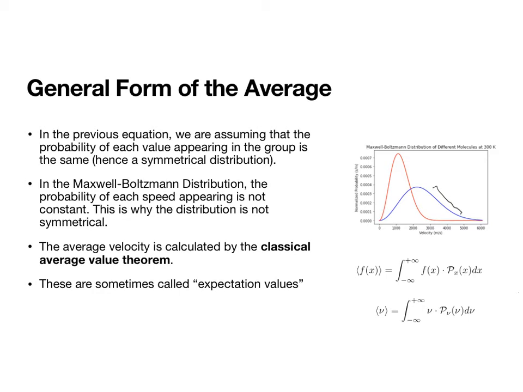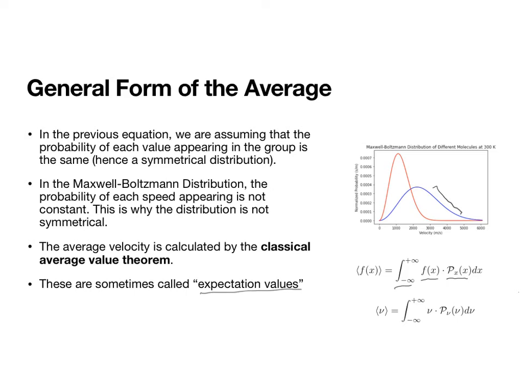And so the average velocity is going to be calculated by the classical average value theorem. Sometimes we call these expectation values. So we're talking about the value that we would expect to show up the most often, or the average. And this is sort of a weighted average. To do this, what we're going to do is take the integral of the function that we want to find the average of times the probability of the distribution.